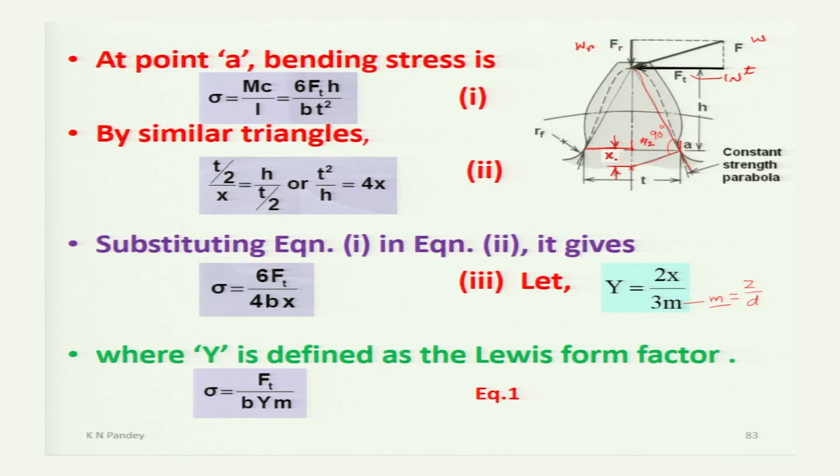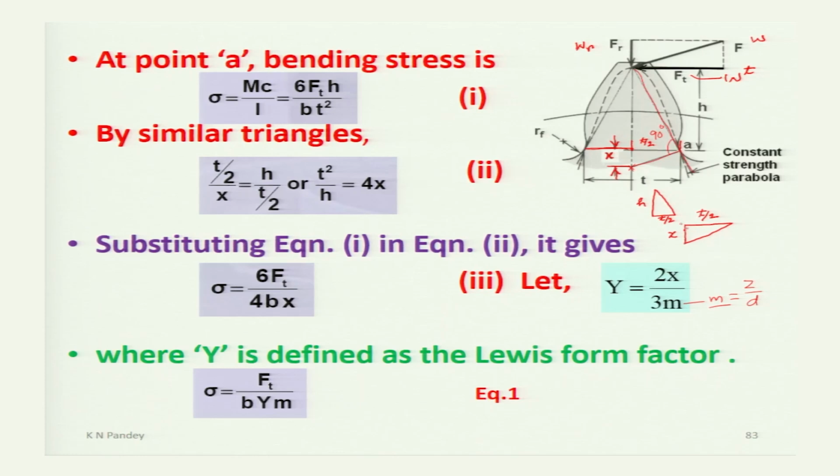Well, now taking the similar triangles, this triangle with this length equal to x and this length equal to t divided by 2, and another triangle, where this length is h, the height of the uniform strength beam, and this is again t divided by 2.